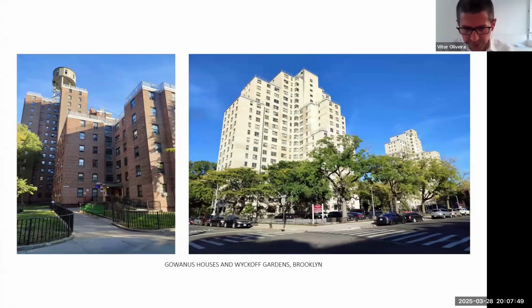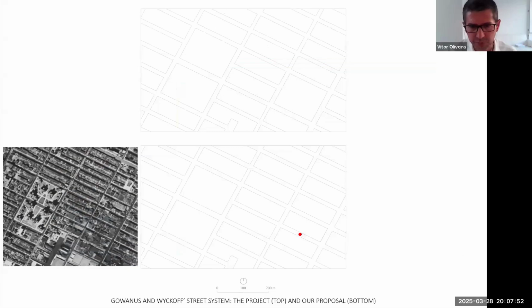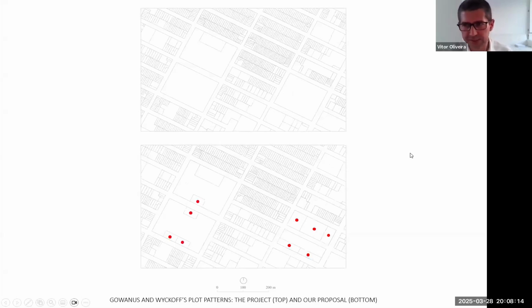For the 2 housing estates, the strategy was similar, to increase the number of streets, here going back to what existed in the street block just before the creation of the housing estate, increasing the number of plots, not to make more housing estate buildings, but to bring people of a different socioeconomic status, to promote mixture.